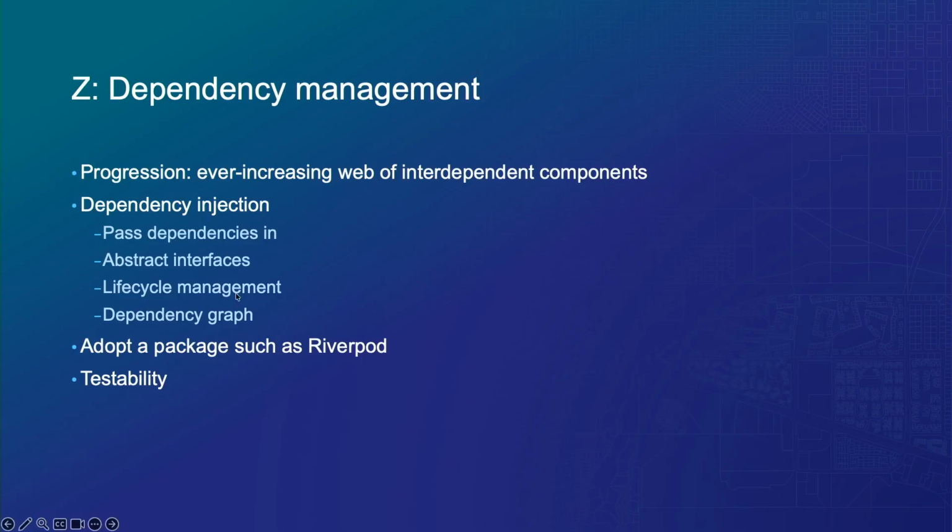And it also has to manage the subdependencies and the whole graph of dependencies that might stretch below. And you'll likely want to adopt an existing package to manage this, such as the one called provider. That's how you know it's a provider package, because it's called a provider. Or there's another one called Riverpod, which if you look at it closely is just an anagram for provider. That's where they got that from.